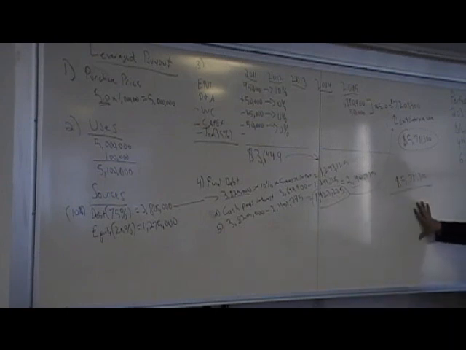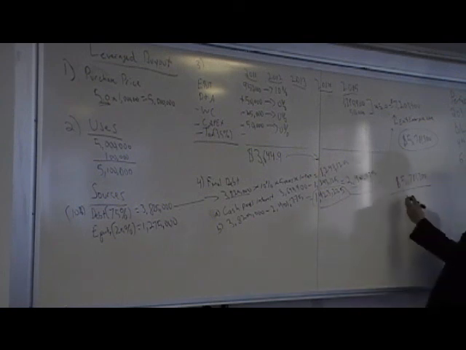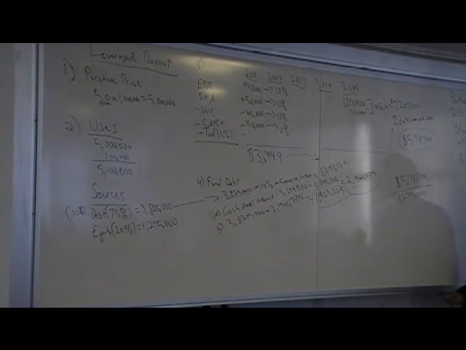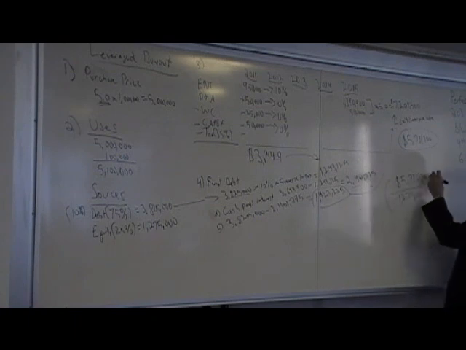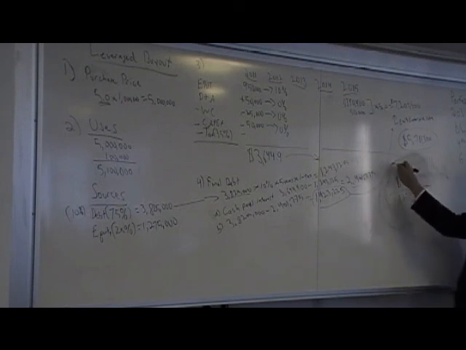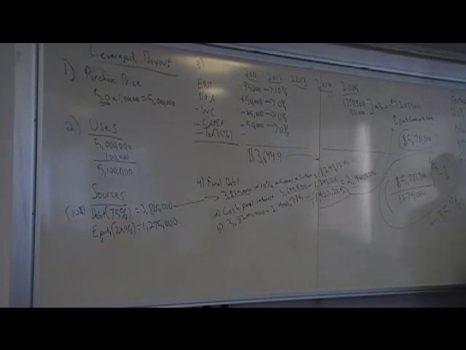How much do we invest in this? 1275. So that's how much equity we invested. Then it's the return over the investment to the power of 1/5, for 5 years, minus 1. I think that's 35%. That's the IRR.